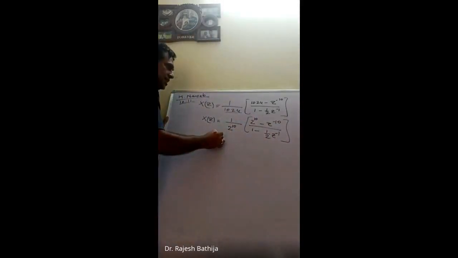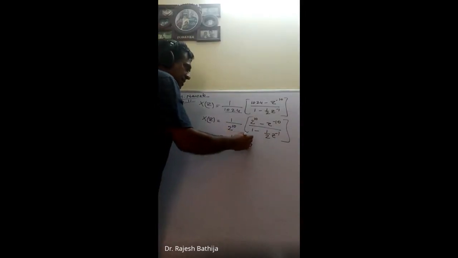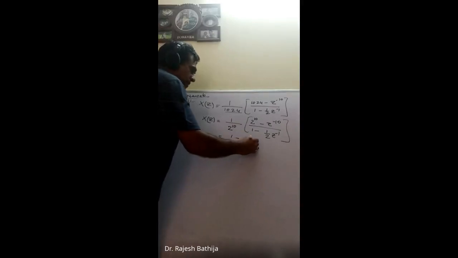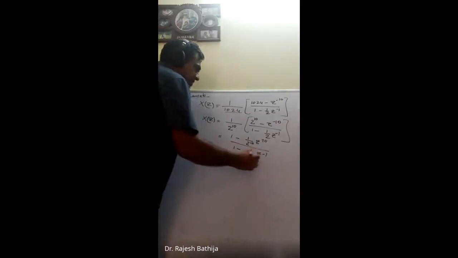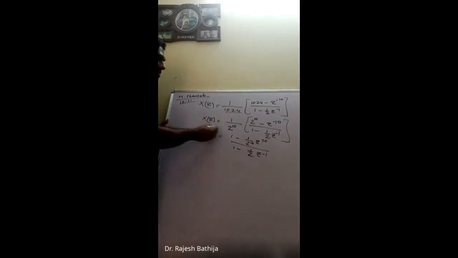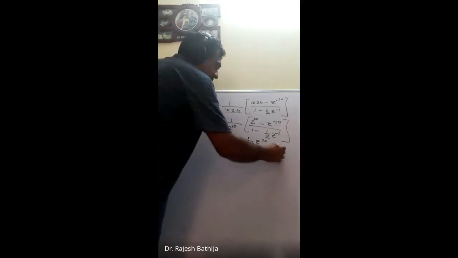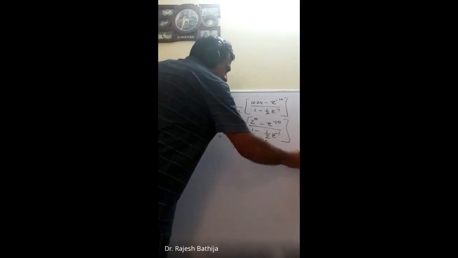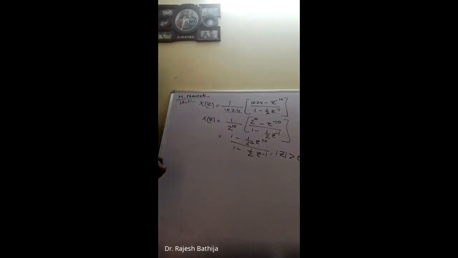Now if I divide by 2 to the power 10, it will be 1 minus 1 by 2 to the power 10 z to the power minus 10 over 1 minus half z inverse. So this is my x of z, and the ROC is given as mod of z greater than 0. So this is the question for the long division approach.